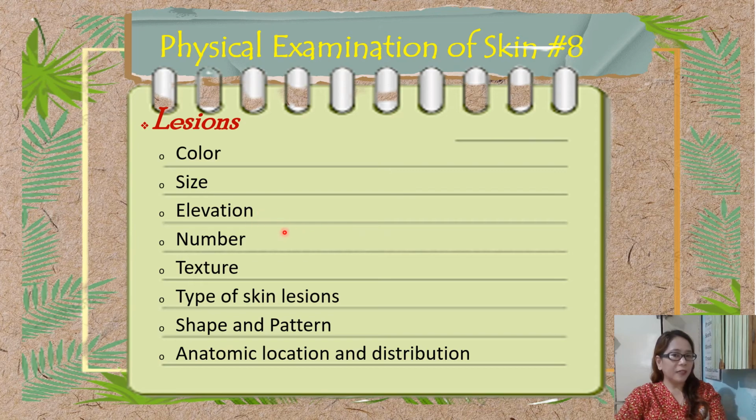Is it elevated? Number, how many? What is the texture? Is it rough or smooth? What is the type of skin lesions? What is the shape and the pattern? What is the anatomic location and distribution? Saan mo ba nakikitang nag-start? Is it from the head or is it from the trunk?